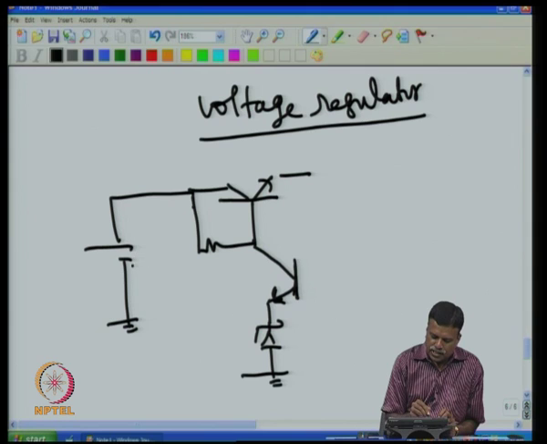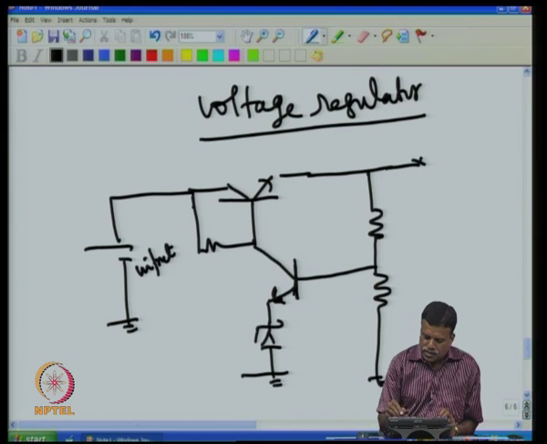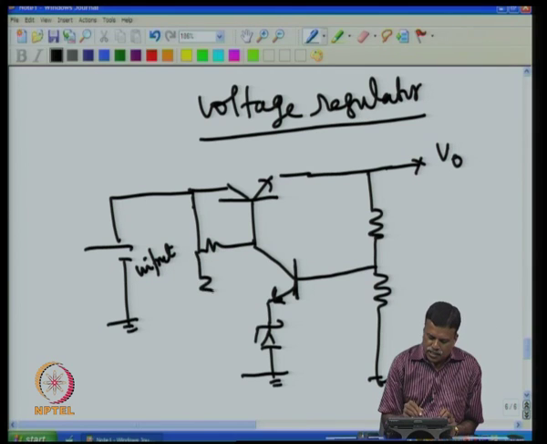This is the unregulated input, and then I have these two resistors connected to this, and that is the regulated output. So, V0 is the regulated output, and then to bias this, another resistance is put here.